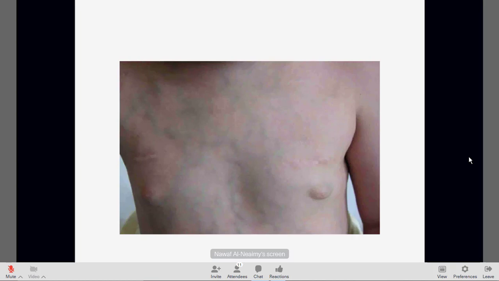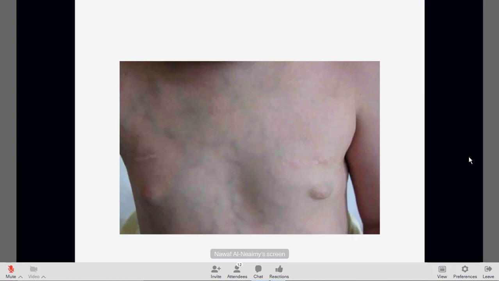So superior vena cava obstruction, or superior vena cava syndrome, the common cause of which is lung mass. It comes first, the lung mass, especially a tumor, of course, as a cause for superior vena cava syndrome. Also, the compression of the superior vena cava can be due to an enlarged lymph node, like in case of lymphoma.